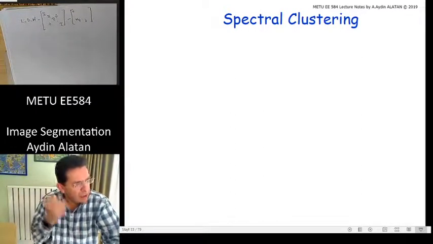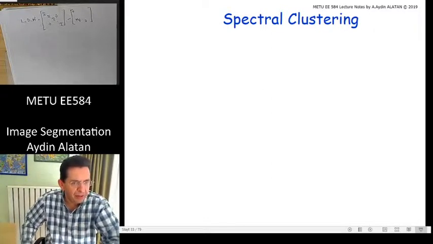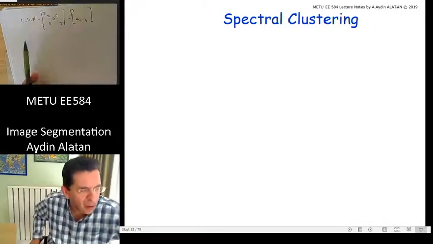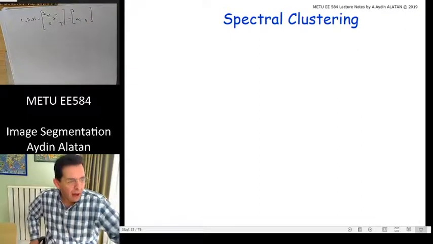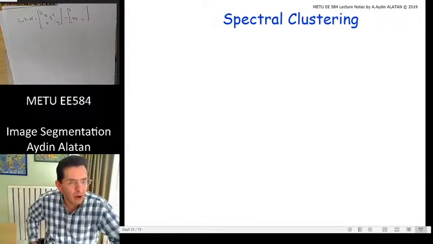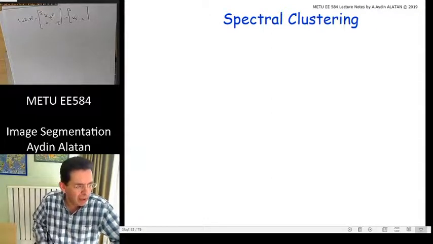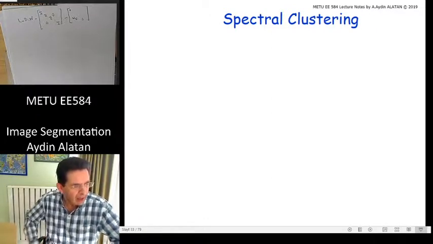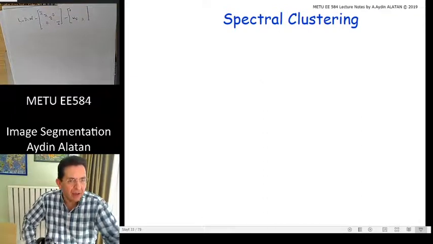Now, this was our fundamental thing, and this is the unnormalized version. Our algorithm at the end gave us the result. It's the normalized version, which is multiplied with the square root of this D matrix.